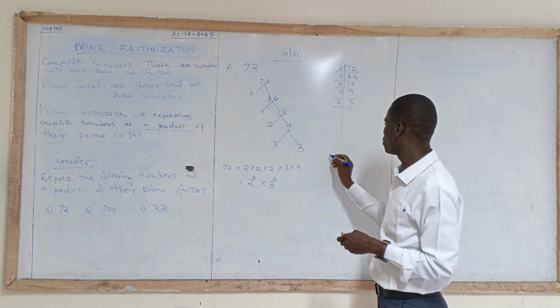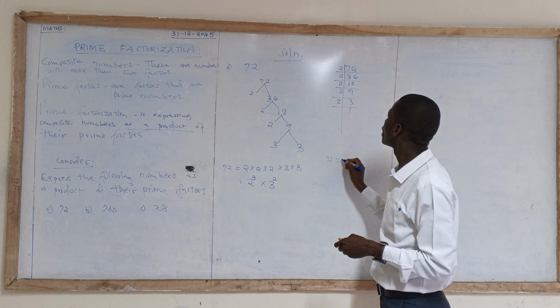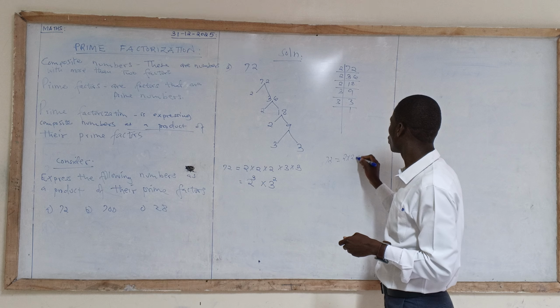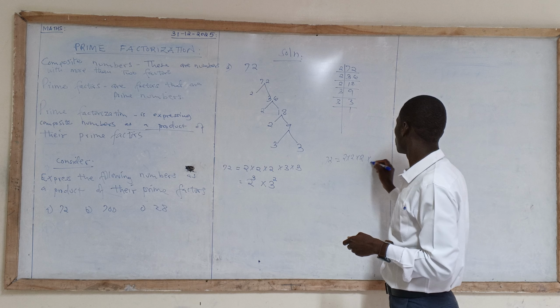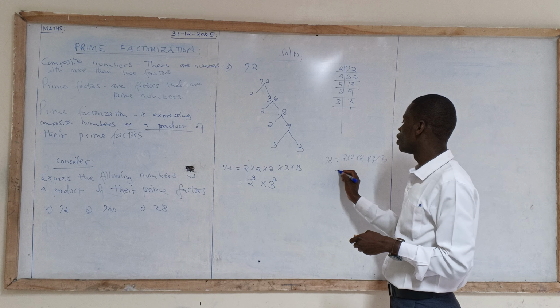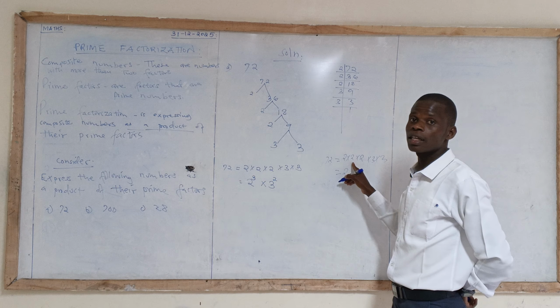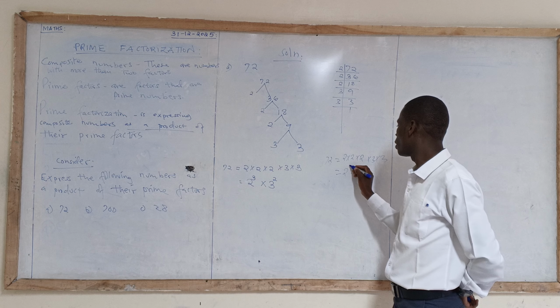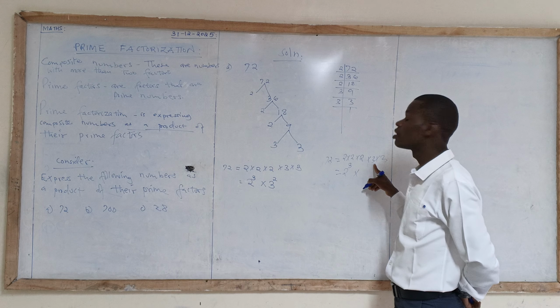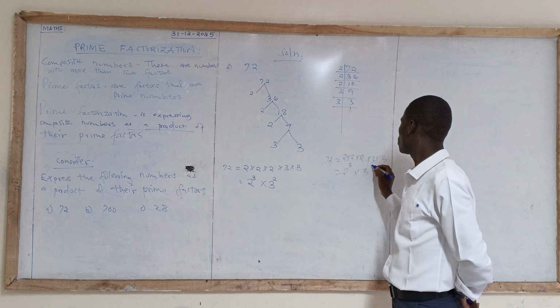Still the same thing: 72 is expressed as 2 times 2 times 2 times 3 times 3, which can be written as 2 multiplied by itself 3 times, times 3 multiplied by itself 2 times.